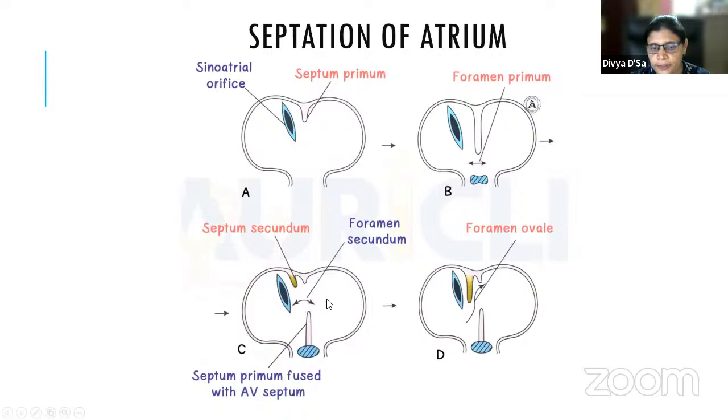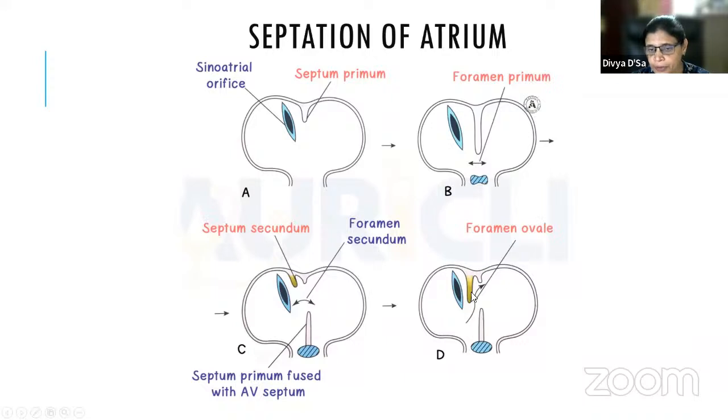So here this gap, we now call the foramen secundum. With the formation of the foramen secundum, the next step will be the formation of the septum secundum. This septum secundum also develops from the roof and grows downwards towards the septum primum.